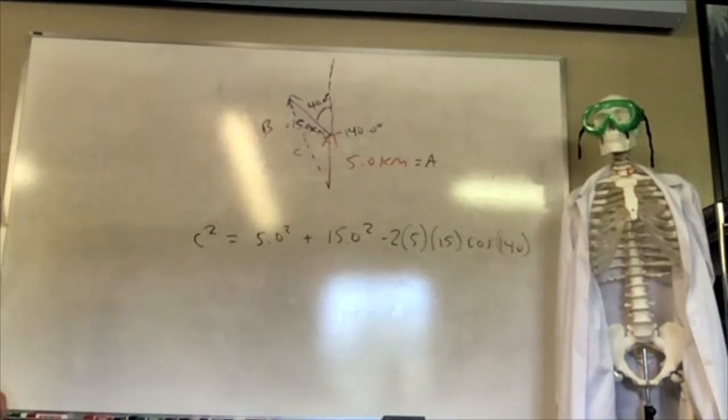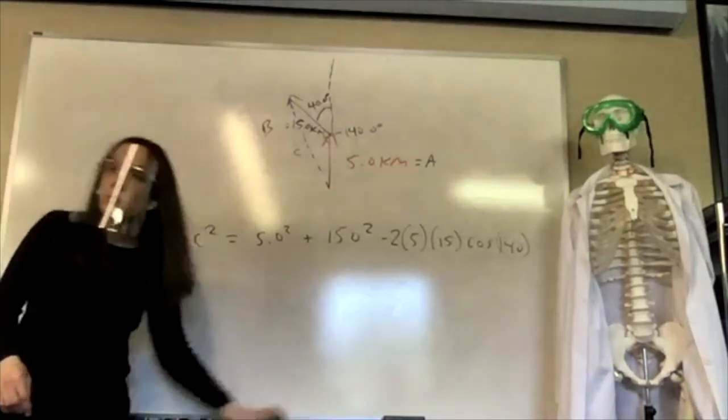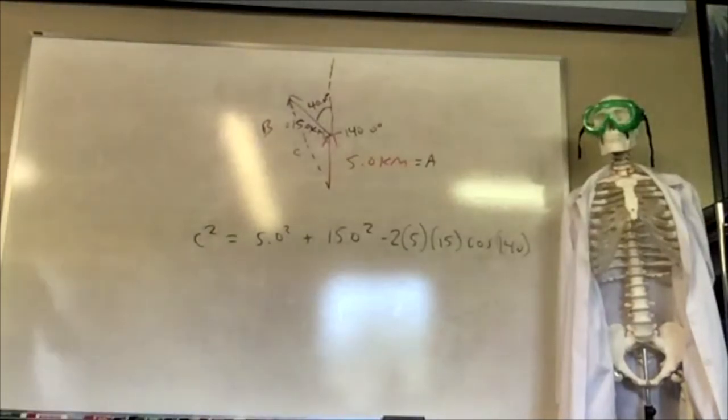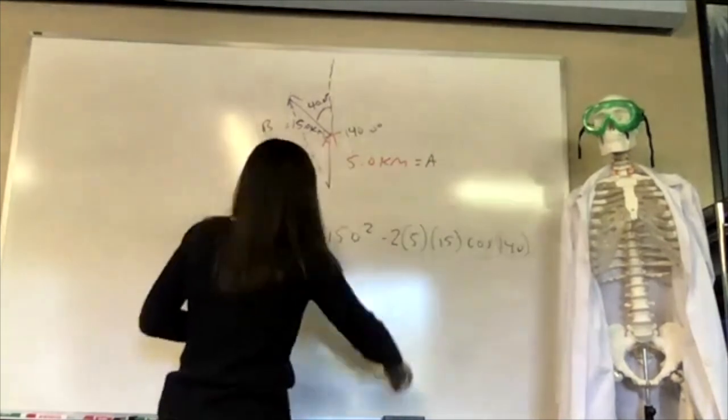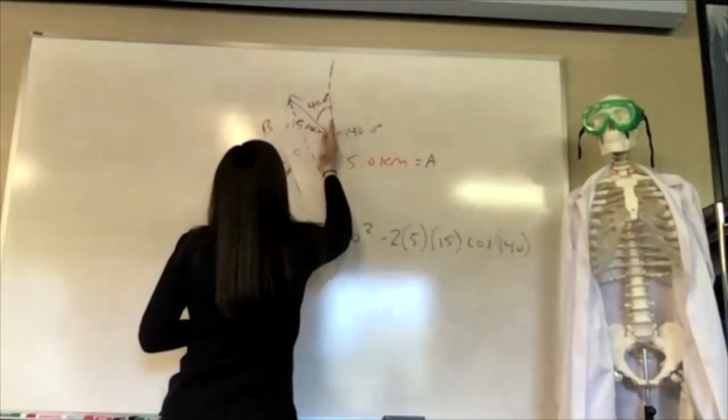Right. So would that translate down to the included angle from C and A? Would that also be 40 degrees? Oh, right here. Well, let's see. I didn't draw this very well.